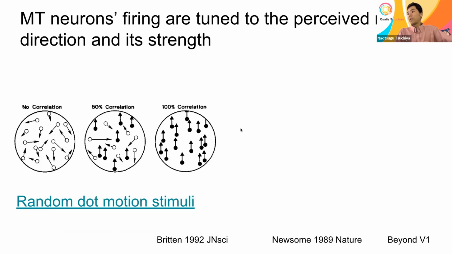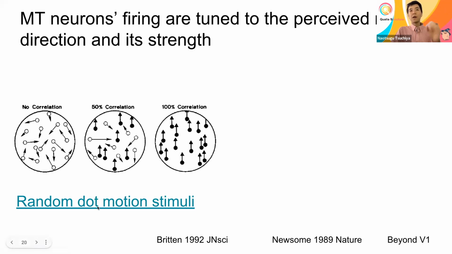MT neurons have been recorded for a long time, since the 80s and 90s, and people have found that each particular neuron has a particular receptive field, like retinal ganglion cells. But in the case of MT cells, it has a selective area responding to that particular motion direction, the speed, and the depth.